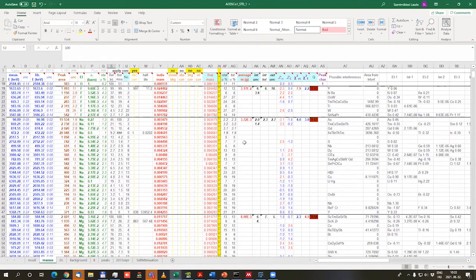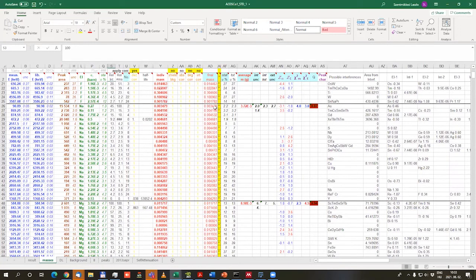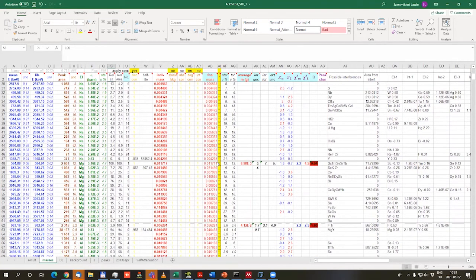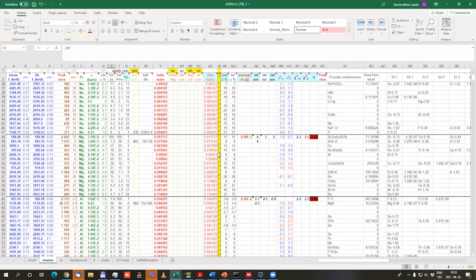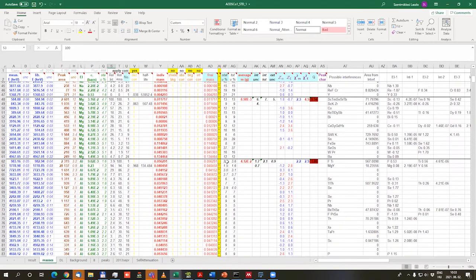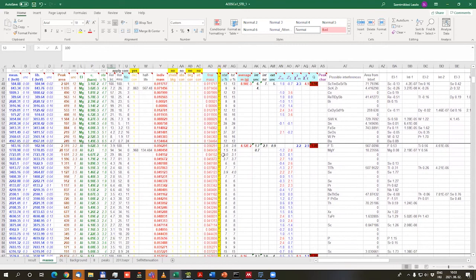And if you have a consistent set of analytical lines like here, you can check or uncheck individual lines which you want or don't want to be part of the statistical averaging.